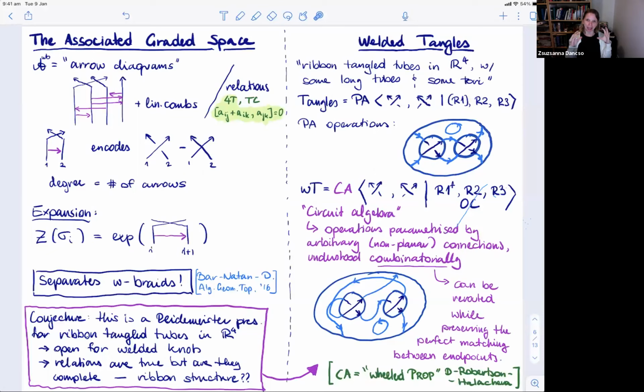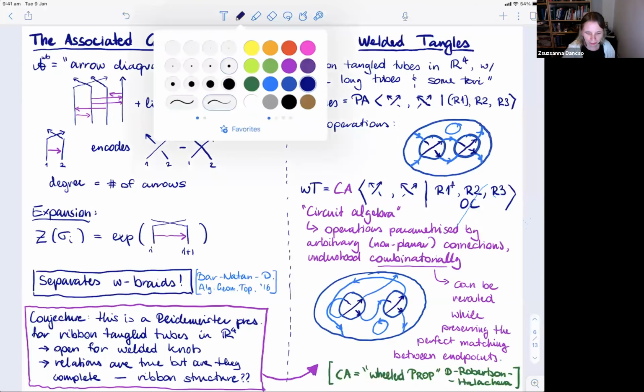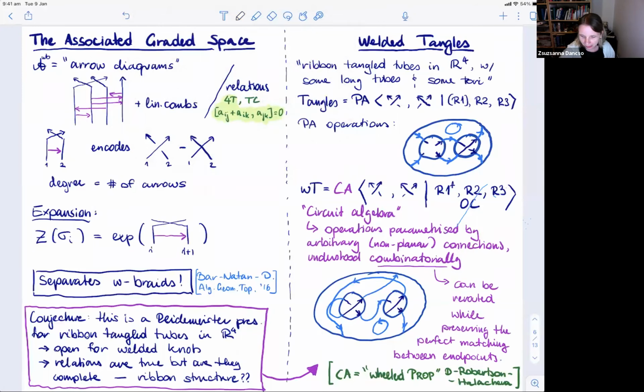planar connection diagrams. So a planar connection diagram looks like a disk with some holes in it. And then there are some connecting arcs, maybe oriented, between points on the internal disks and points on the outside disk.